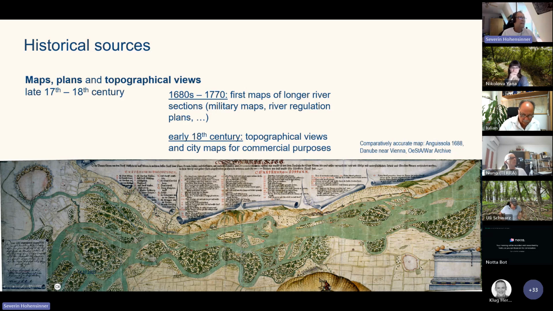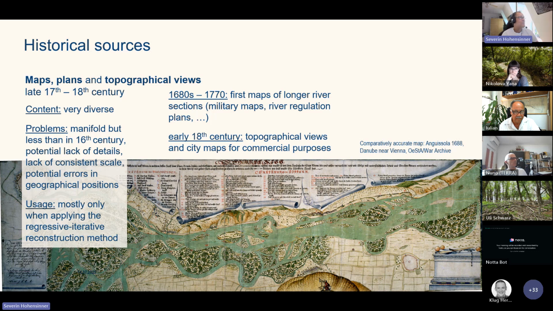And in the early 18th century, we find a new genre of sources, topographical views and city maps that were sold for commercial purposes, for tourists, let's say, already. The content here is also very diverse.